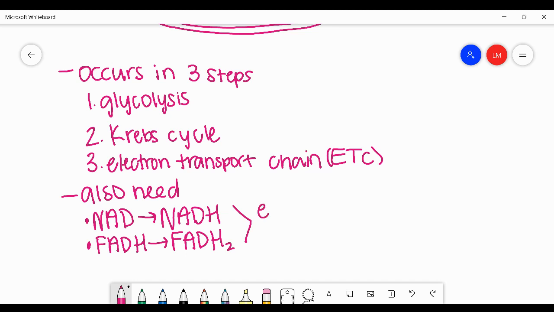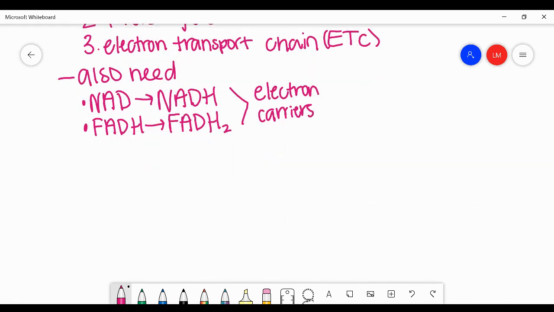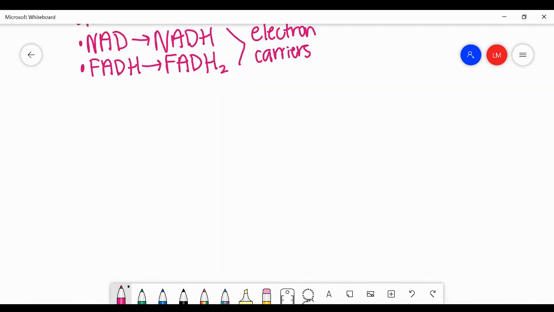So once again, these are our electron carriers, and they help move electrons to where they need to be during respiration because we can't just have electrons floating around wherever it is they want to be in a cell. It's not going to be a good time for anyone.